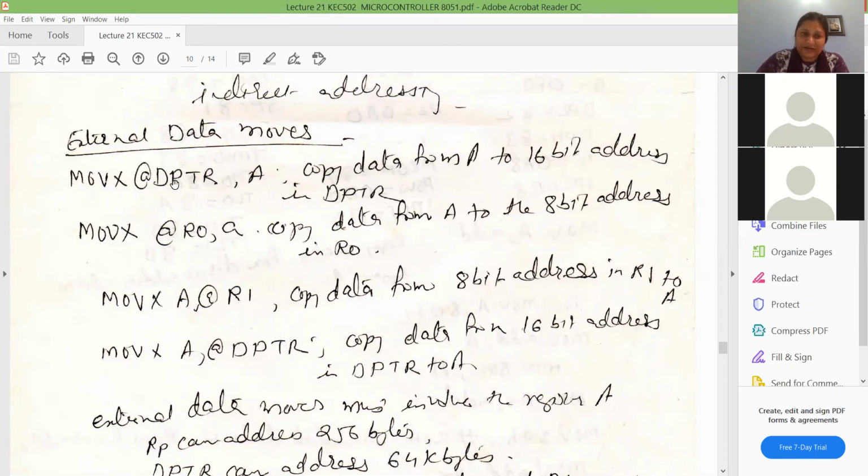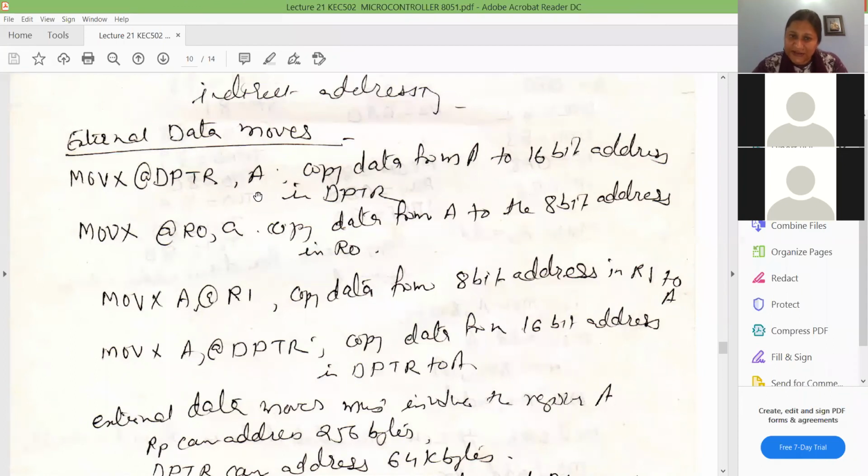And if I write this instruction move at dptr comma a, because if you are connecting external memory, your memory address must be a 16-bit address, because you have address lines A0 to A15, that means 16 address lines.